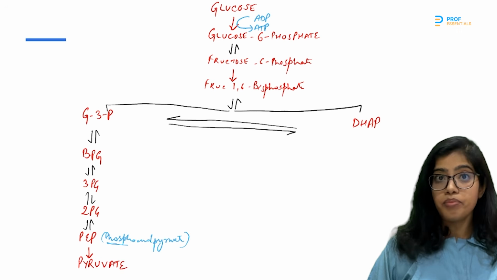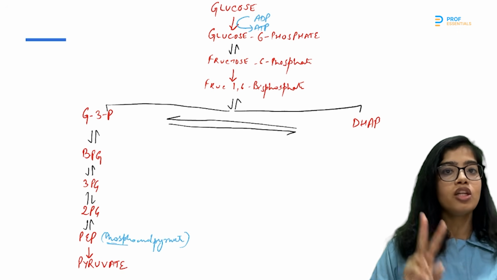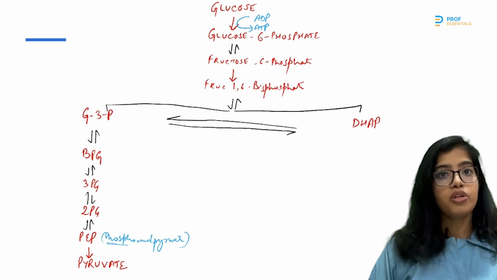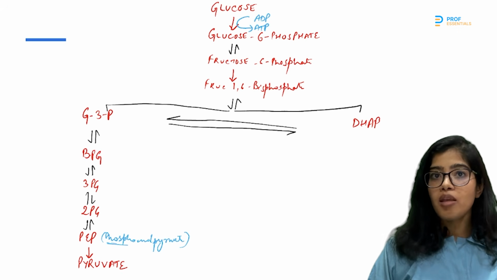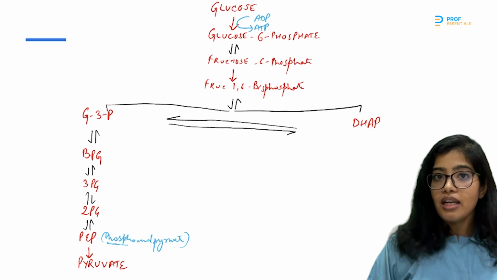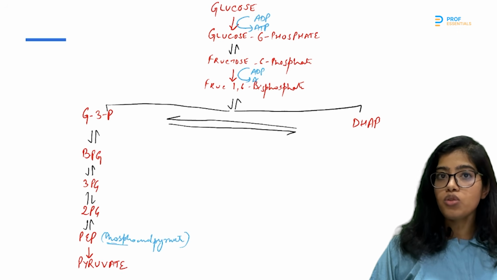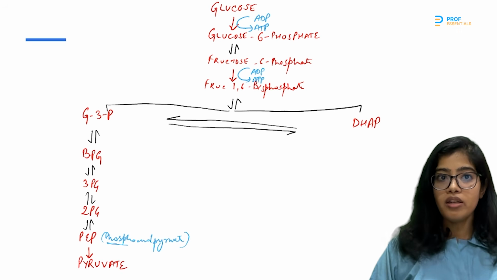This is the first step. Remember we noted that 2 molecules of ATP will be used. So this is the first step where ATP is getting used. The next step where ATP is used is when another molecule of phosphate is getting added here. Got it? So 2 molecules of ATP got used. Understood?